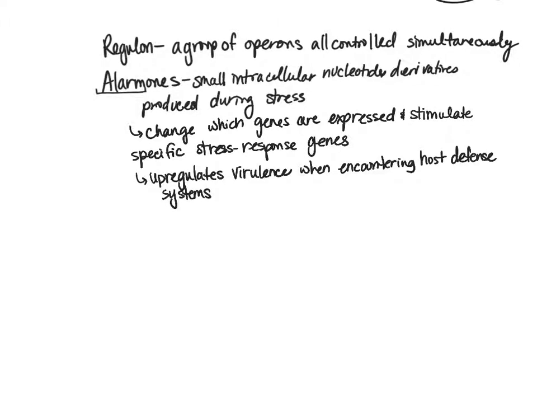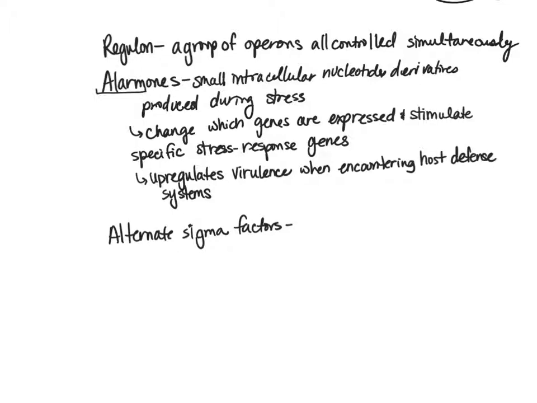And another way to regulate what genes are made, or gene expression, is through alternate sigma factors. So remember the sigma subunit, when we talked about RNA polymerase and how there are different subunits.